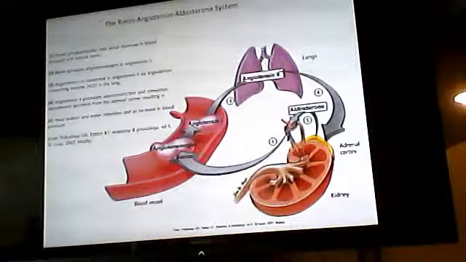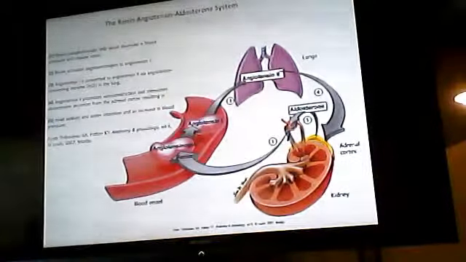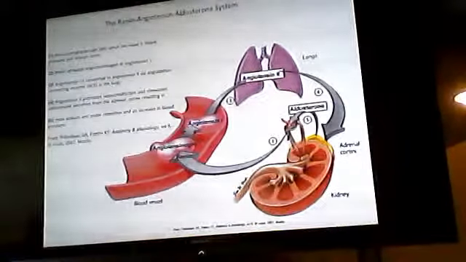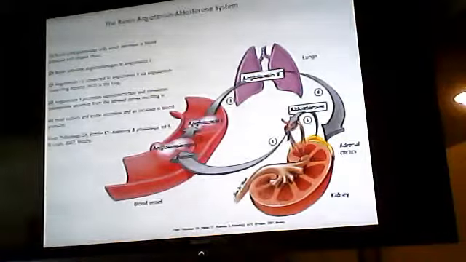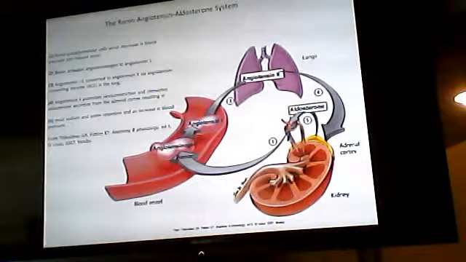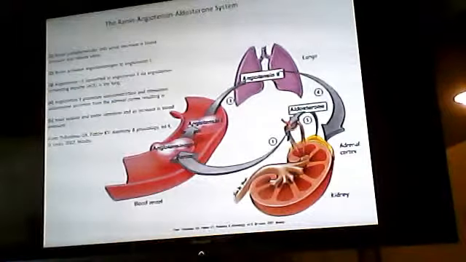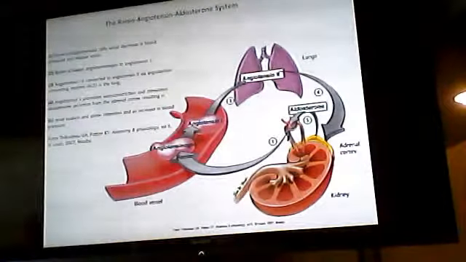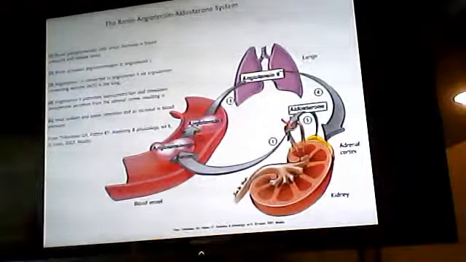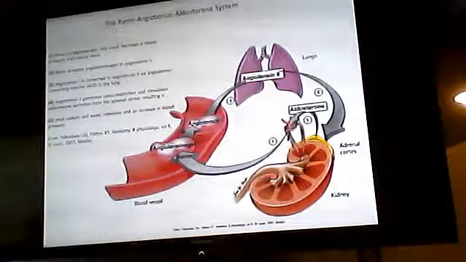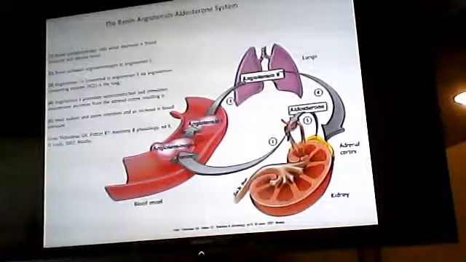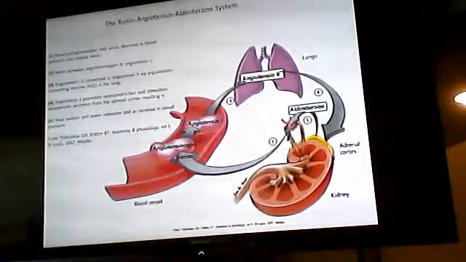Another system is called the renin-angiotensin-aldosterone system. Overall, this is another way to incorporate more fluid into your system. If my kidneys, hence the renal component of this, sense a decrease in blood pressure, then they start to release what's called renin.